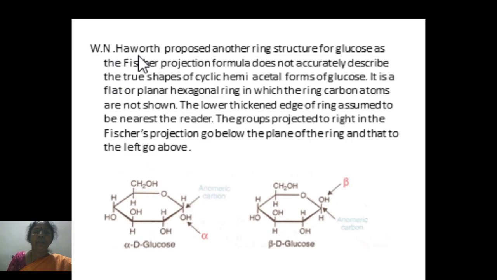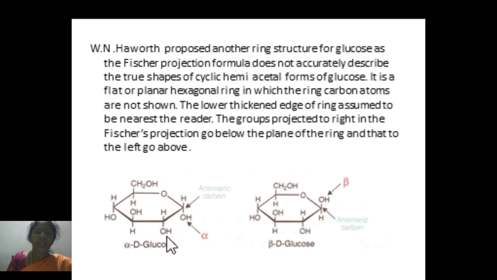W. N. Haworth proposed another ring structure for glucose because the Fischer projection formula does not accurately describe the true shapes of cyclic hemiacetal forms of glucose. This projection is a flat or planar hexagonal ring in which the ring atoms are not shown.